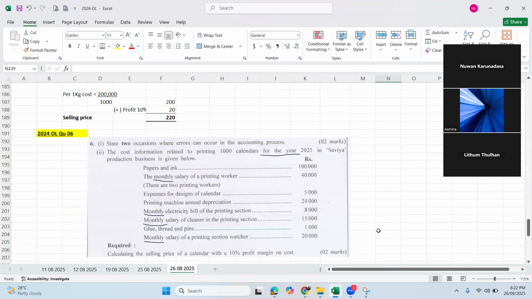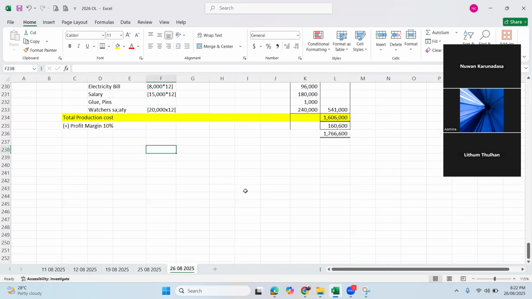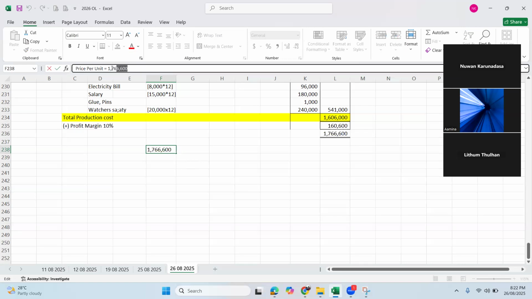How many units have they made? 1,000 calendars. Then the price per unit equals 1,766,600 divided by 1,000.